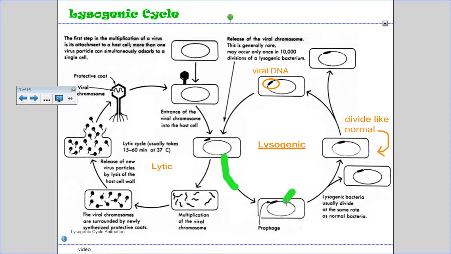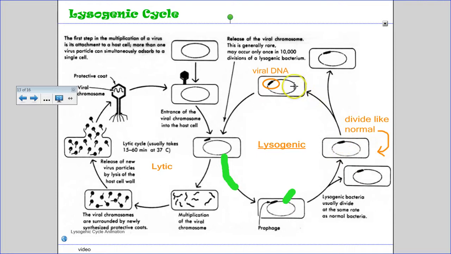So we call it a provirus or prophage because when the viral DNA or RNA is inserted into the host, then that host cell is going to start replicating like it normally would. But this time, when it replicates or makes copies of itself, it's making copies that have the viral DNA or RNA in it.